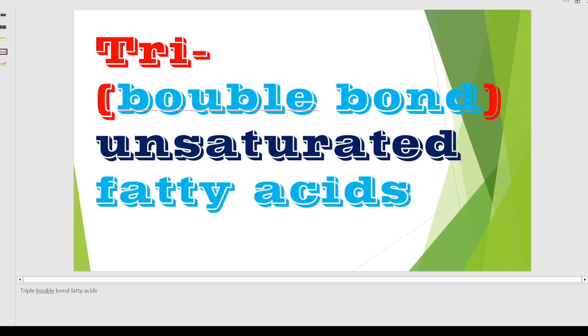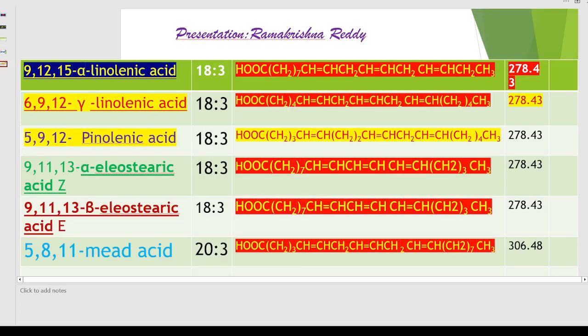Triunsaturated fatty acids, that means three double bond unsaturated fatty acids. Here we can see nearly seven triunsaturated fatty acids, some most important ones. Among them, the most prominent triunsaturated fatty acid is alpha linolenic acid.